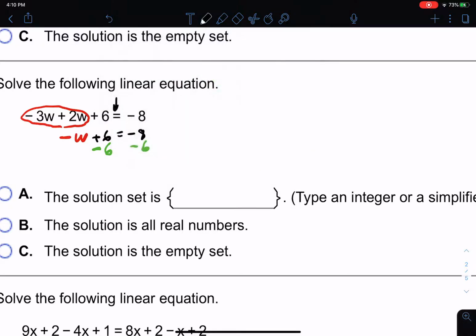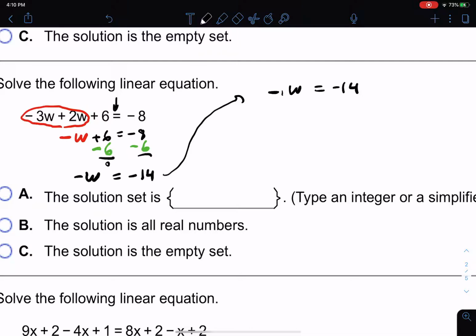So that means I'm left with negative w, this is a 0, equals negative 14. Okay, I'm going to rewrite this up here. Negative w equals negative 14. Now the thing is, a negative w, you could think of it as negative 1w.